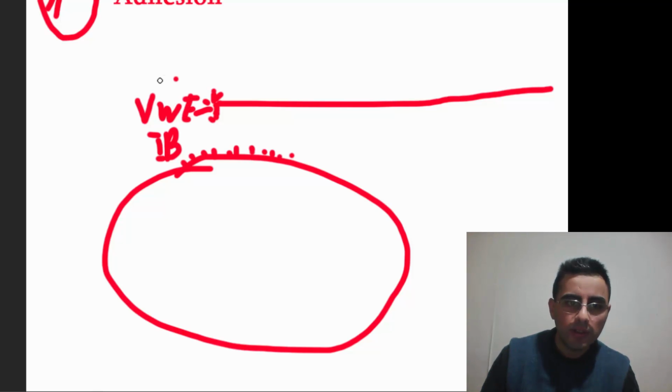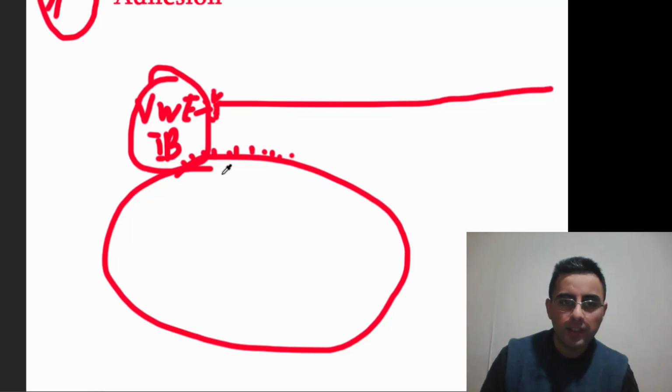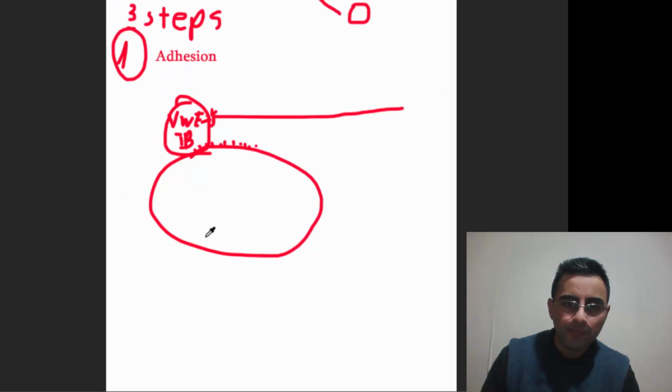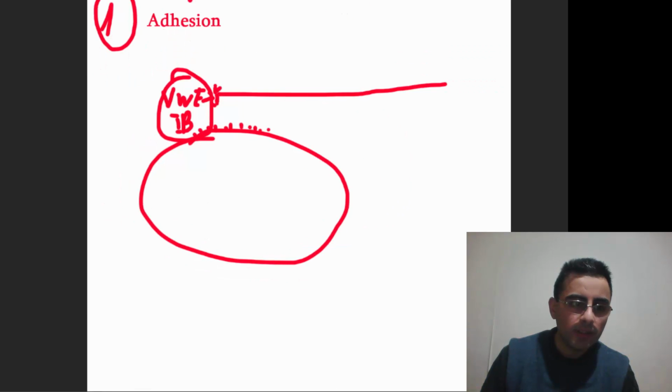Von Willebrand factor. And now adhesion is completed. It's a platelet.